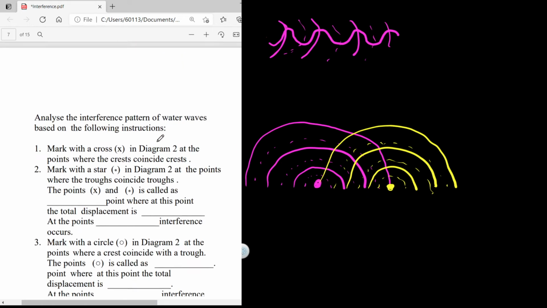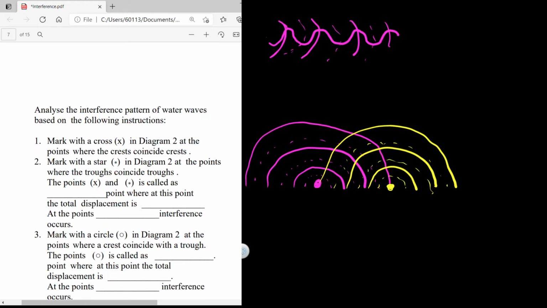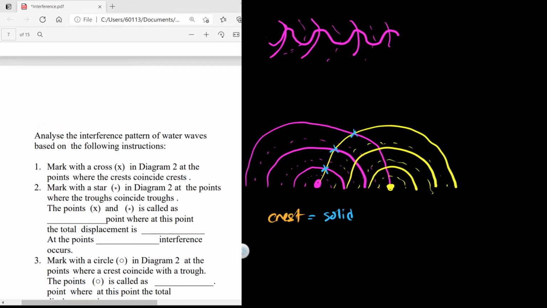Remember, crest is the solid line. So we have two different solid lines, the pink one and the yellow one. So where the pink meets the yellow one, we cross X. Here X, and then here X. This one we do in my diagram.